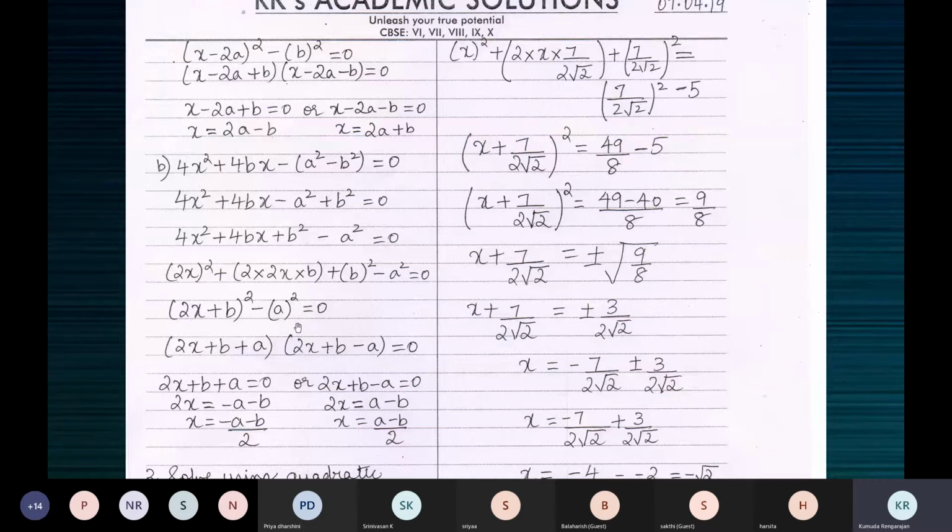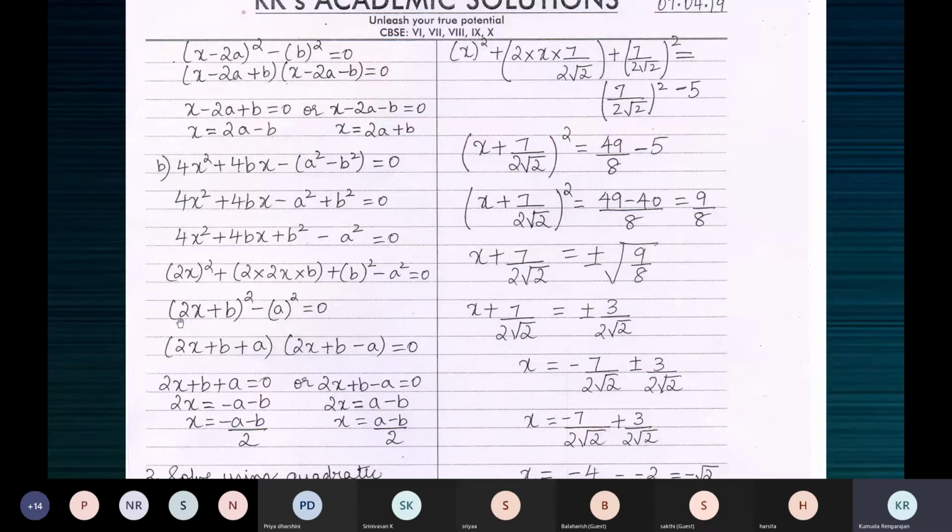So now difference of two squares. What letter should I use? Okay, m the whole square minus n the whole square, which is m plus n into m minus n. M square minus n square will be m plus n into m minus n is equal to 0.